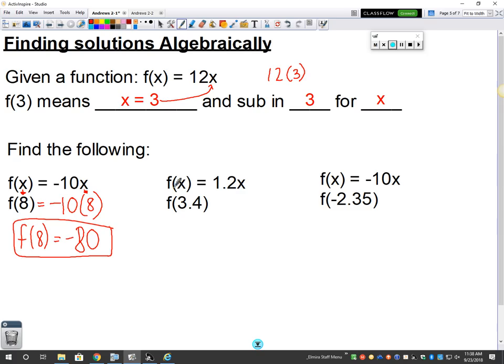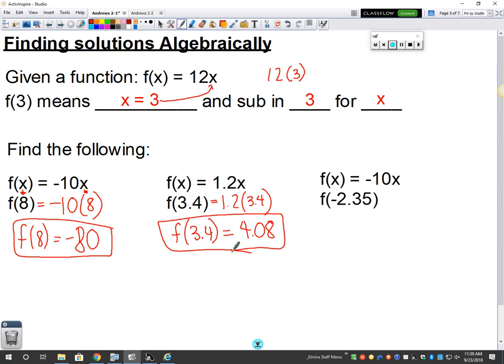Okay, so my function is f of x equals 1.2x. This is asking, well, what's f of 3.4? So I will sub in 3.4 for x. And I will get an answer of 4.08.